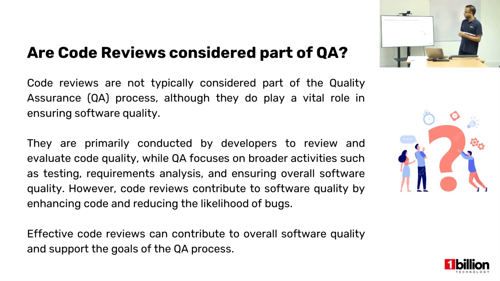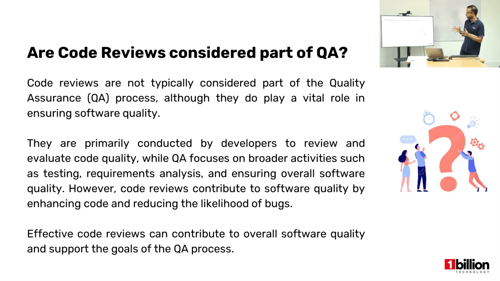They are primarily conducted by developers to review and evaluate code quality, while QA focuses on broader activities such as testing, requirement analysis, and ensuring overall software quality. QAs are mostly into testing, gathering requirements, writing test cases or identifying test design, but developers are the ones who review the code and code quality.